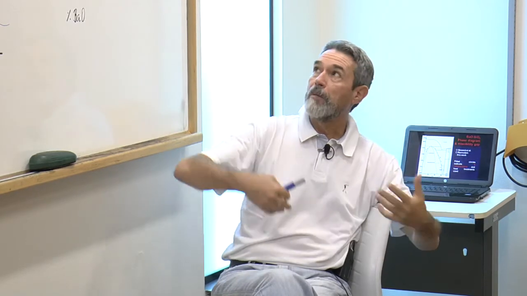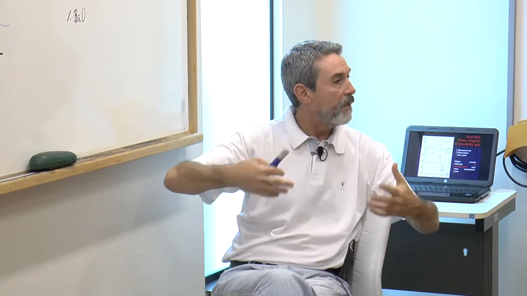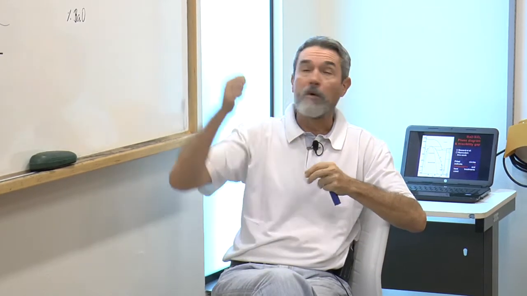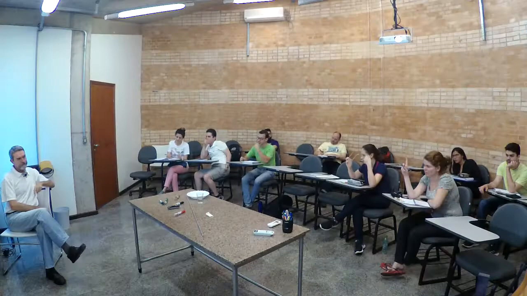Spinodal decomposition has no thermodynamic barrier, just a kinetic barrier. Of course, it depends on the viscosity of the system and the diffusion rates. That's why this process is not instantaneous. It takes some time because the system is viscous, but there's no thermodynamic barrier.